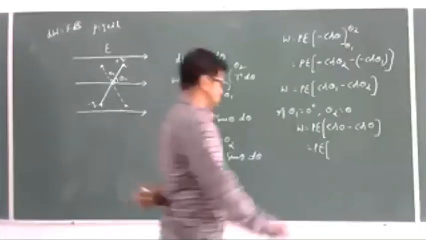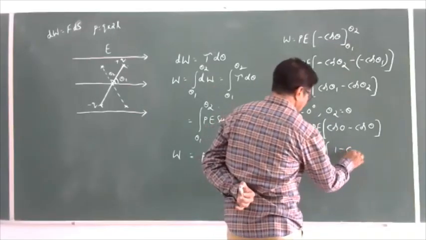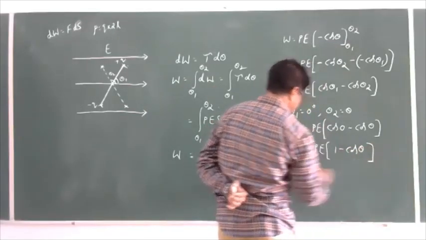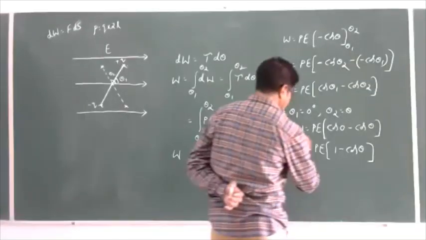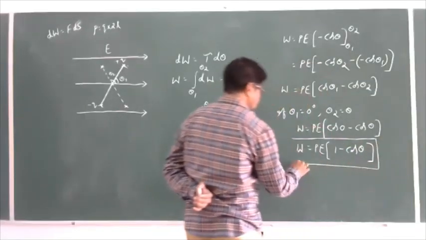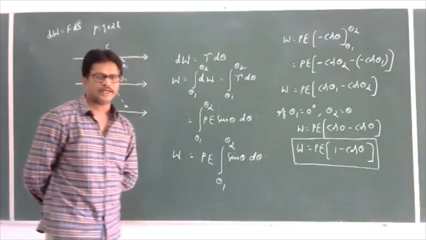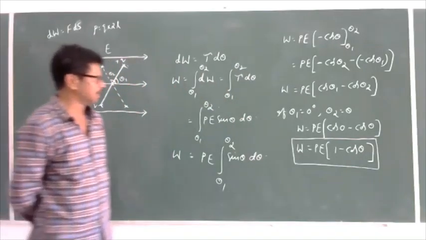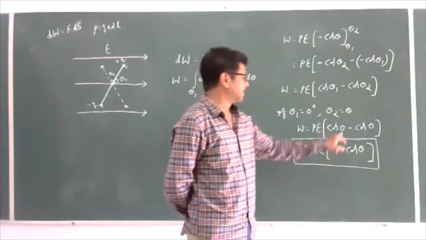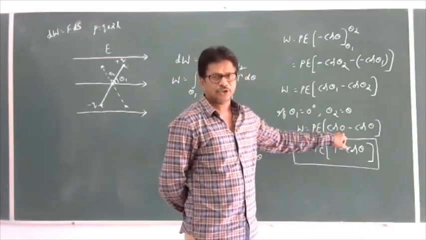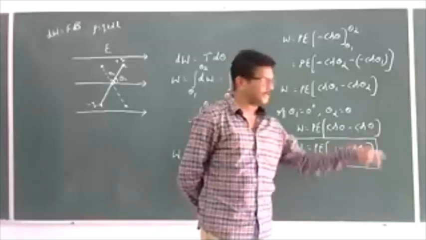Cos 0 is equal to 1, so W is PE into 1 minus cos theta. So this is the general formula we will make use of for the amount of work required to rotate an electric dipole from an angle 0 to theta.